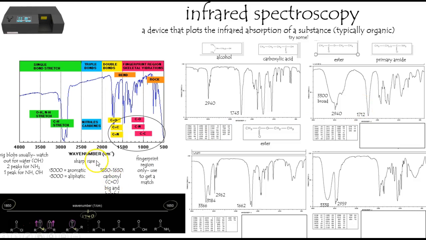What kind? Well, it's to the right of 1740. It could be any one of these. It's pretty well to the right of it. But look at this. This is a substance which has an alcohol and a carbonyl. It's called a carboxylic acid. There's your alcohol, there's your carbonyl. That's a carboxylic acid.